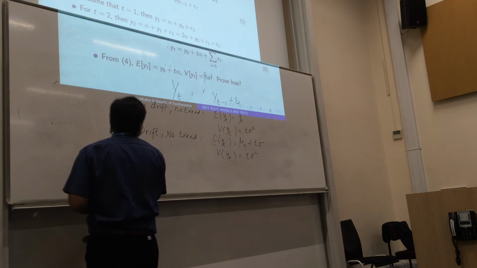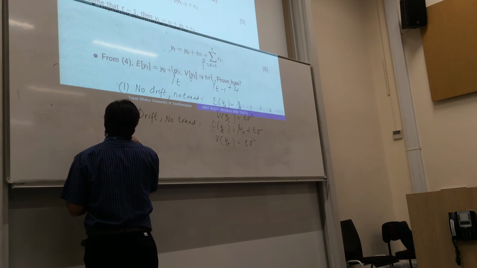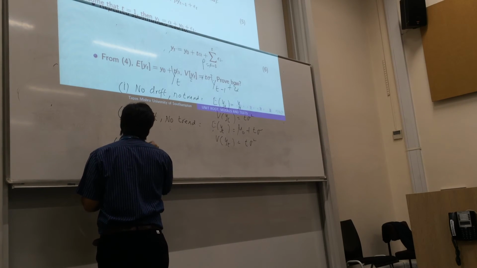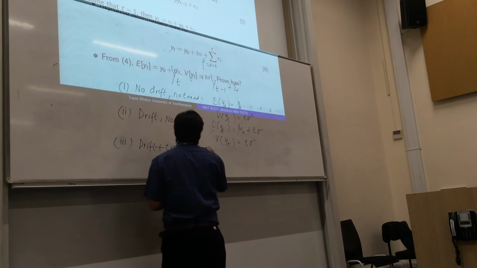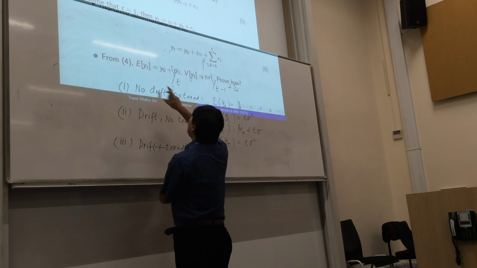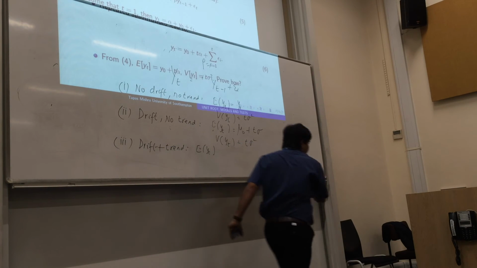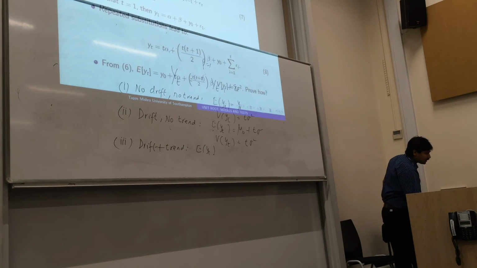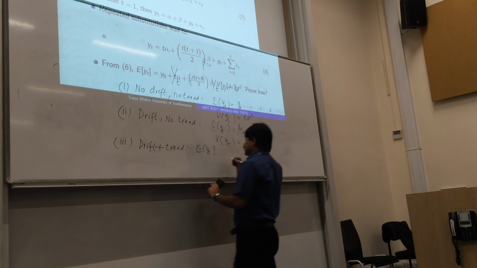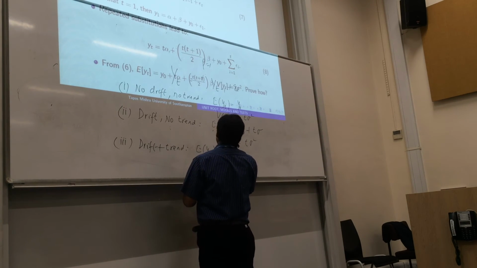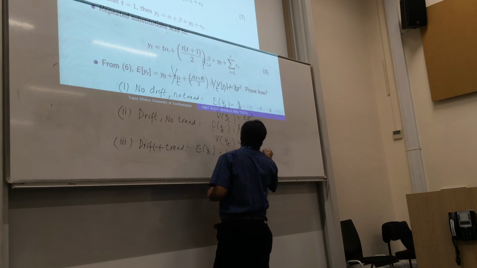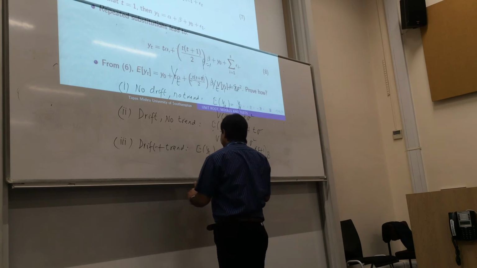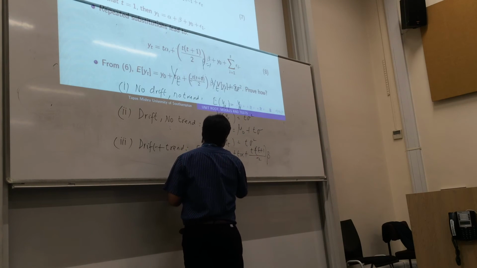And finally, we had a very general model. In the last model, we had both drift plus trend. In this case, the expectation of yt was y0 plus t alpha plus t times (t plus 1) by 2 beta. This is your mean, and the variance, of course, is t sigma square.